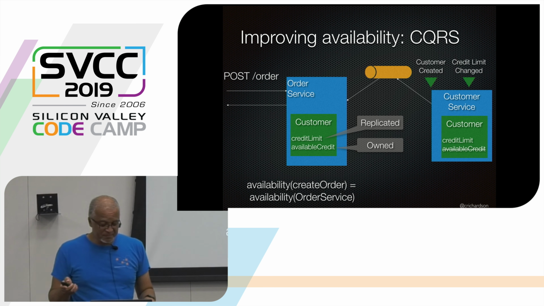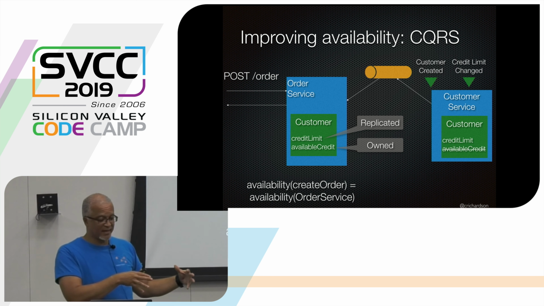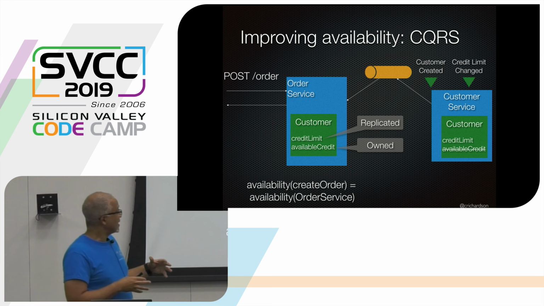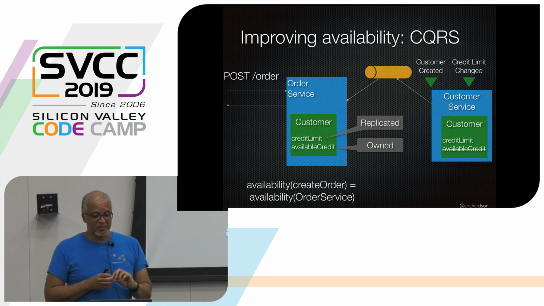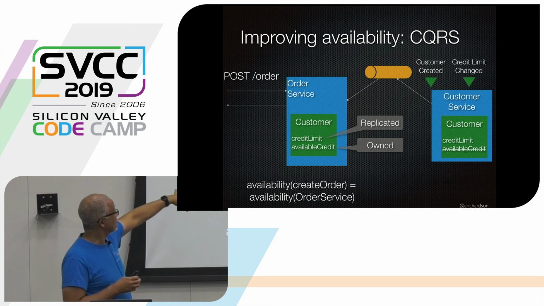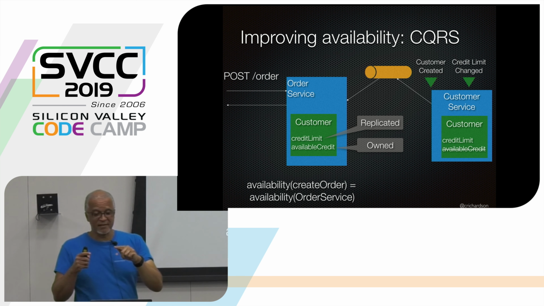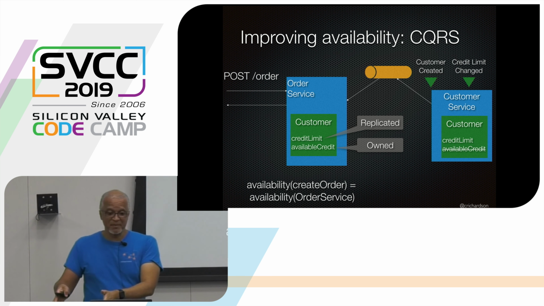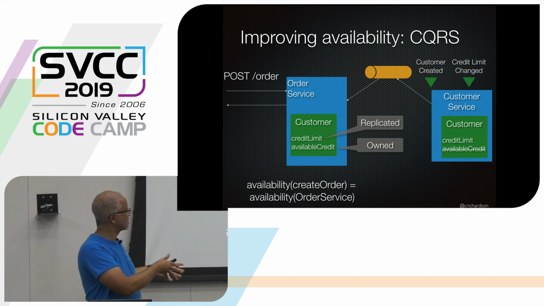Another option is to use events to replicate data. So the idea here is that the customer service no longer keeps track of available credit. That's now maintained in the order service. So the credit limit, which is maintained by the customer service, is replicated to the order service.